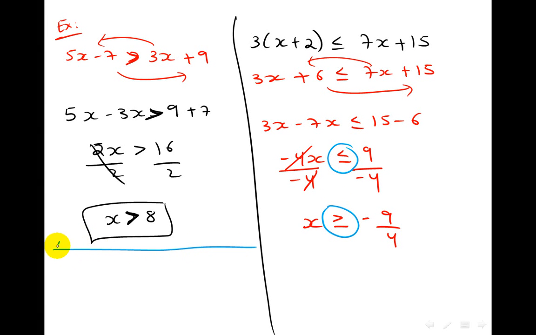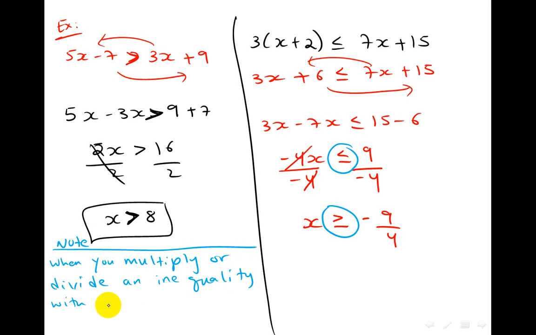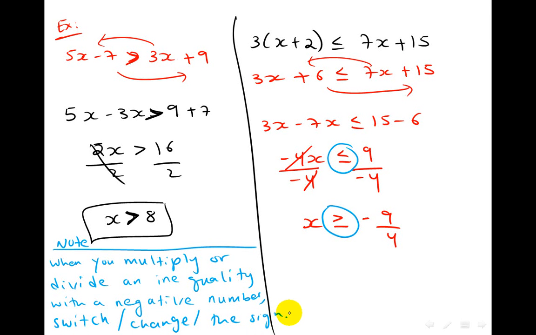Here I'll give you a note. Once you have to multiply or divide an inequality by a negative number, you have to change the sign, or switch it.